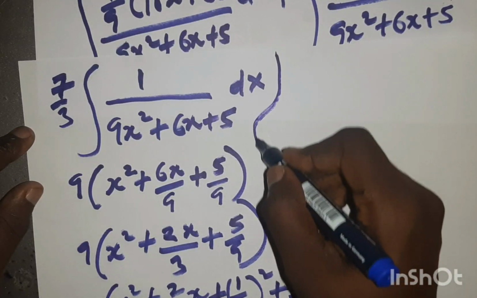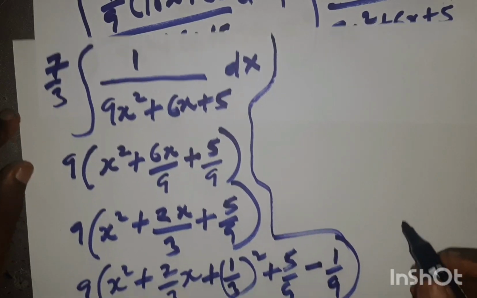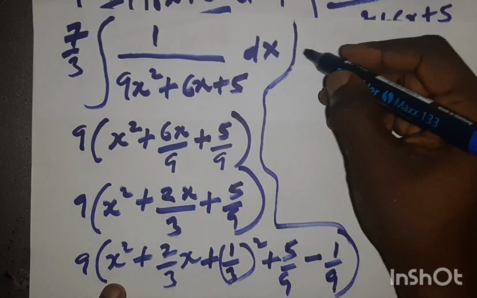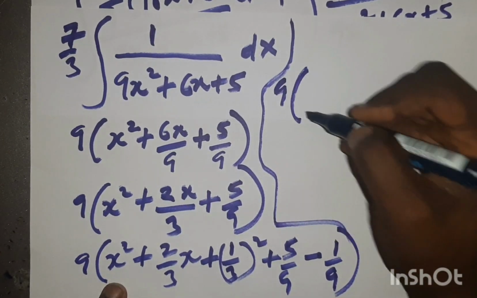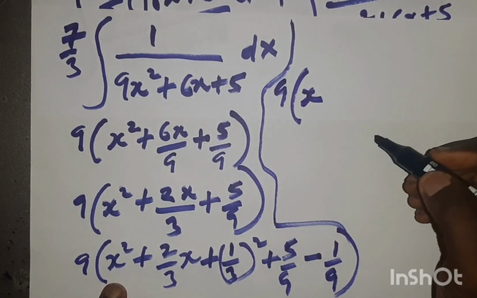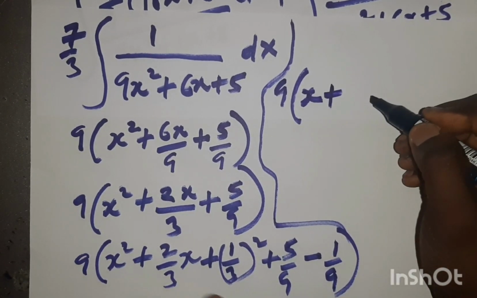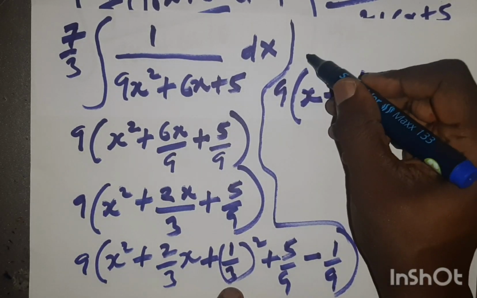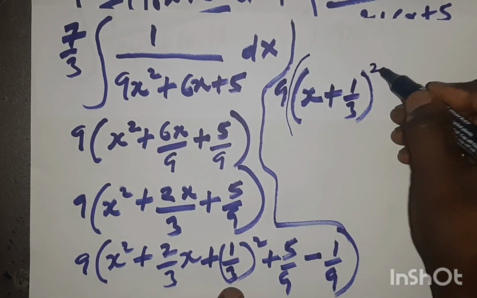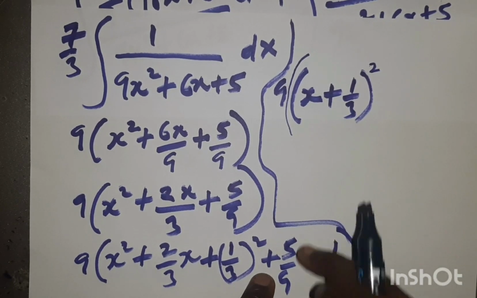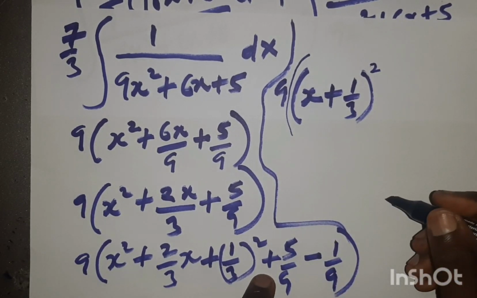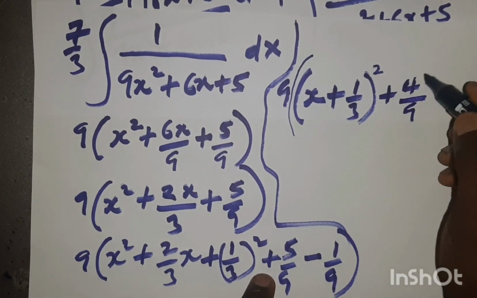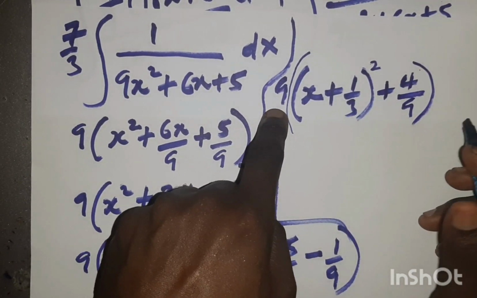Then if I should continue from here, I can now factorize here. So I now have 9 into (x + 1/3) squared, I still have the bigger bracket outside. Then 5/9 minus 1/9 is 4/9, so that's plus 4/9. Then close the main bracket, and I'm going to multiply through by 9.